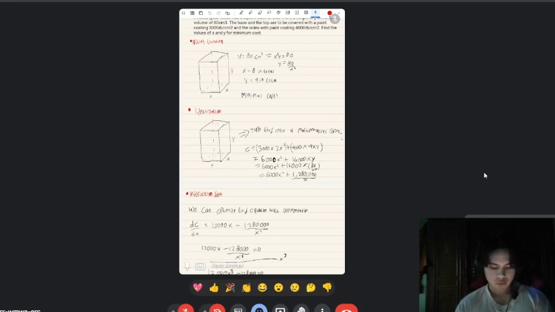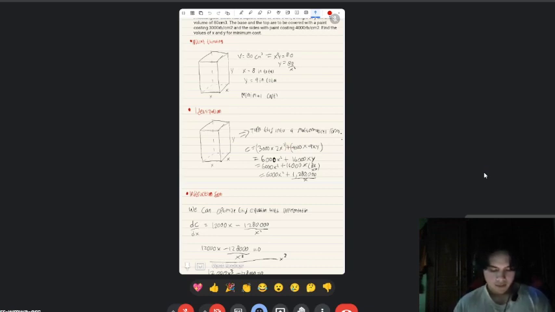X squared is the formula for a square. So we have two squares right here, up and down. And here we have the sides. So we can write that as 4,000 times 4xy, because the formula for a rectangle is x times y. And we'll use a plus because, of course, it is the sum of those two.